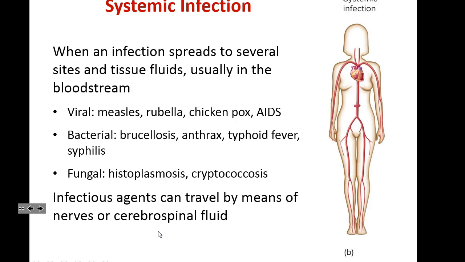A systemic infection spreads to several sites and tissue fluids, usually in the bloodstream. If it's viral, it could be measles, rubella, chickenpox, or AIDS; bacterial, brucellosis, anthrax, typhoid fever, or syphilis; or fungal, histoplasmosis and cryptococcosis.